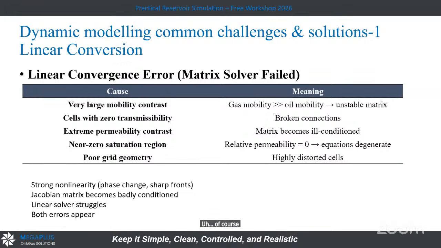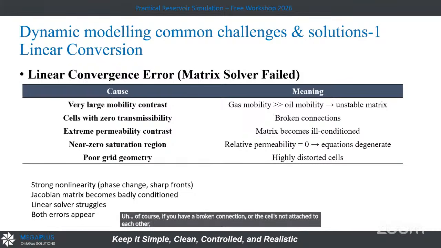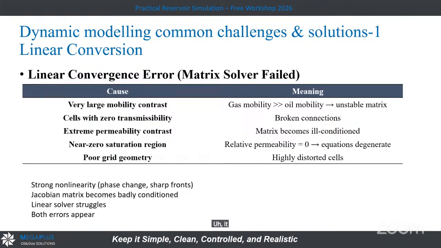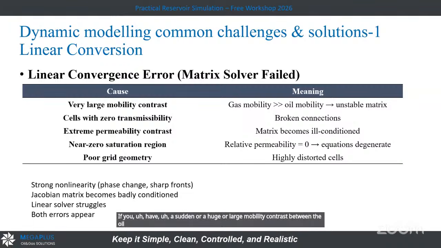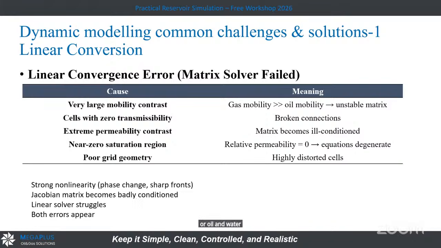Of course, if you have a broken connection, or cells not attached to each other, this comes from the geological model, and it causes these nonlinear and linear convergence problems. If you have a huge or large mobility contrast between the oil and the gas, or oil and water, it's related to the steepness of the relative permeability curve.